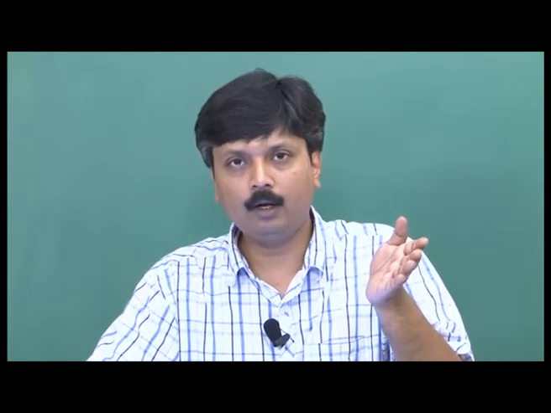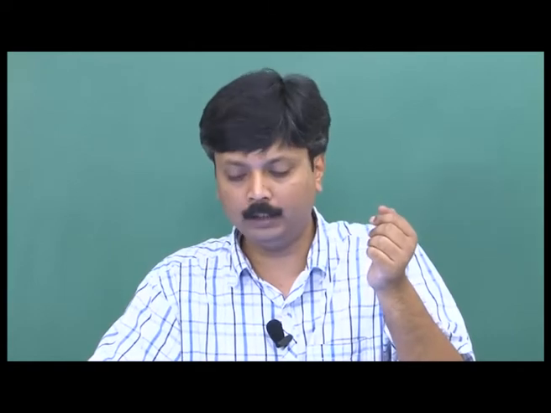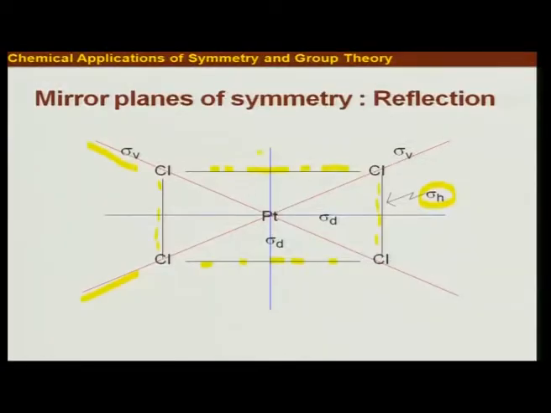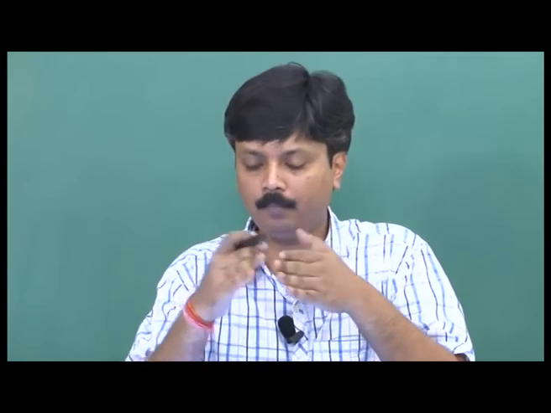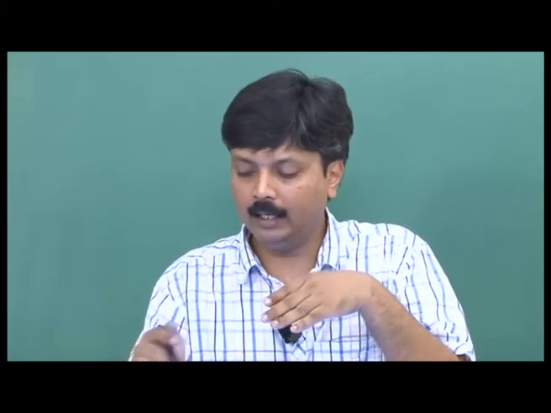Now you can have two other types of planes also, which are shown here using the blue colors, right. So these two contain the principal axis of symmetry, that is C4, and also they bisect the dihedral angle. These dihedral angles are formed essentially by two adjacent sigma v's, and the blue plane bisects that.